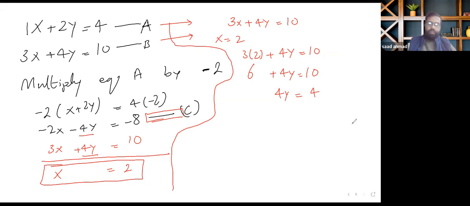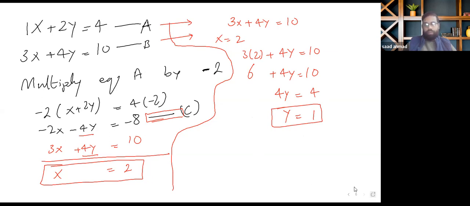And then next we divide by 4. So you see, it does not matter which method we adopt. Either we adopt the elimination method or the substitution method, we get the same answer.